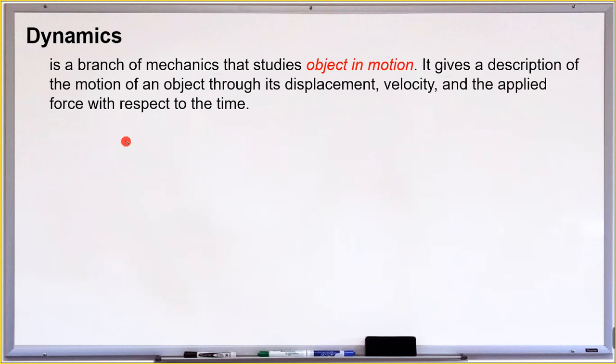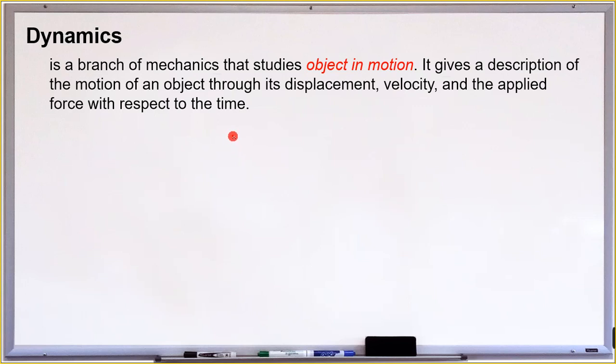That is why during our review, we have solved problems that involve structures, and then we solve the resultant forces or the unknown forces. So those forces are static, but here we are dealing with objects that are in motion.